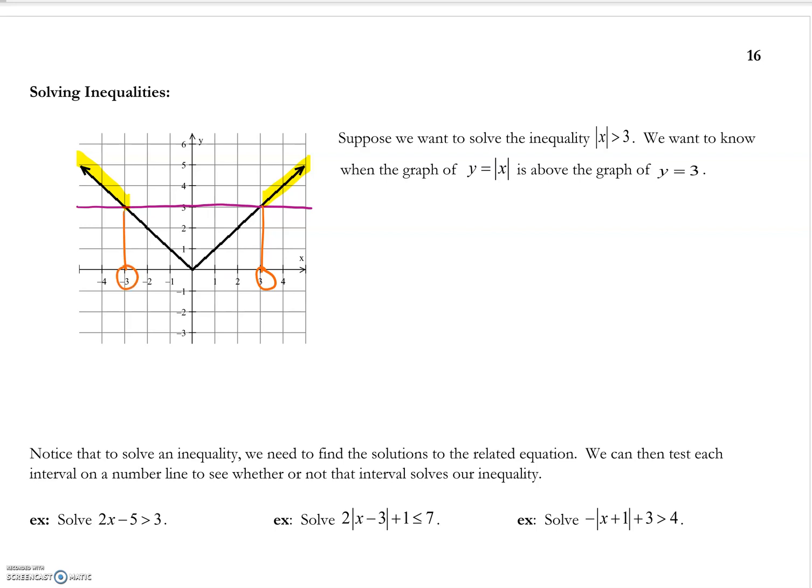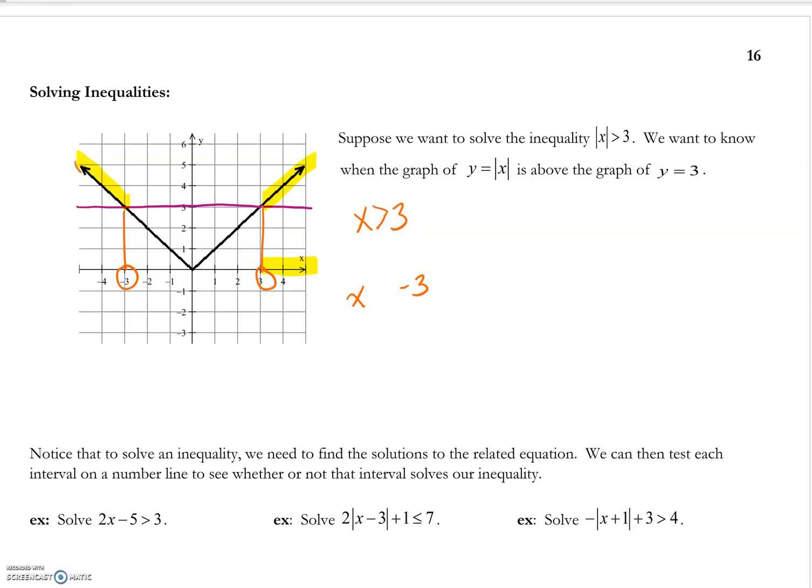But I can't just say that x equals positive 3 and x equals negative 3. I have to look at all of the x values that my highlighted section corresponds to. So if I look at my first highlighted section right here, if I trace that down to my x-axis, that also goes over all of the x values that are greater than positive 3.